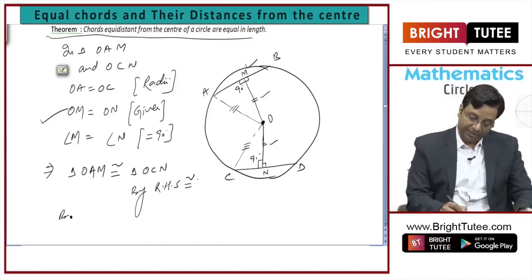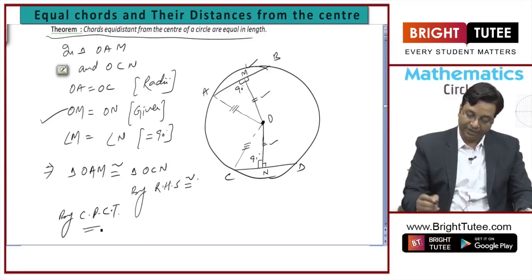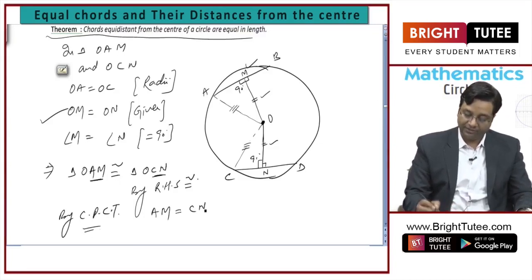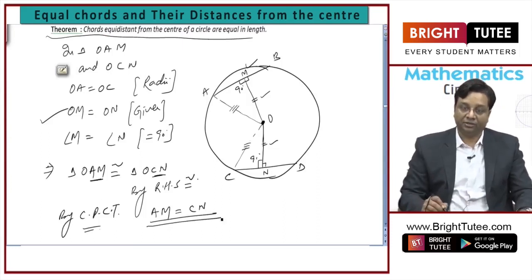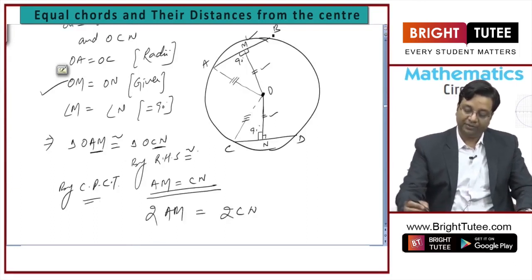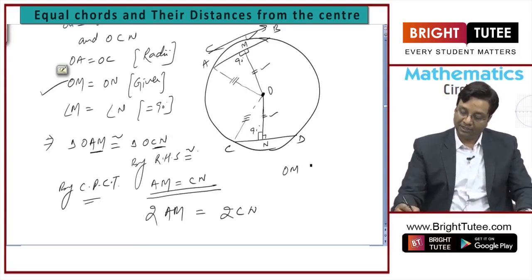Now by CPCT I can say that AM is equal to CN, right? If I know that AM is equal to CN, then double of AM will be equal to double of CN. And what is double of AM? Double of AM is AB. Why? Because OM is perpendicular to chord AB, hence it bisects AB.